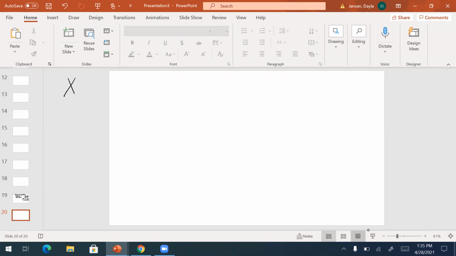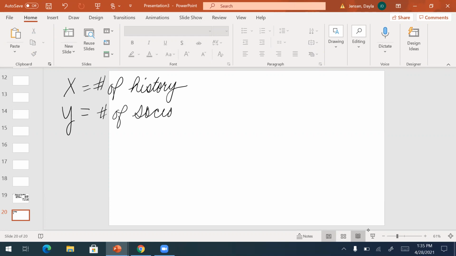So let's let X be the number of history books. I always like to write down what I know, even though it's right there in front of me. Write it down in my own handwriting. And I've got another variable. I will let that be the number of sociology books.